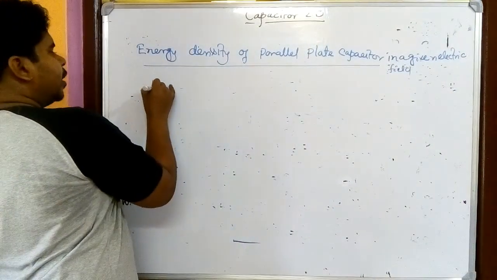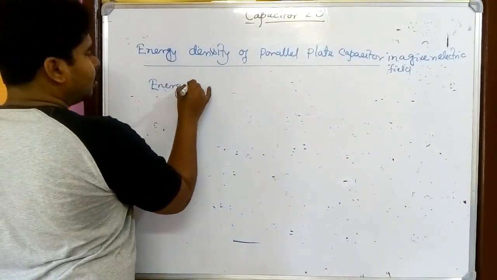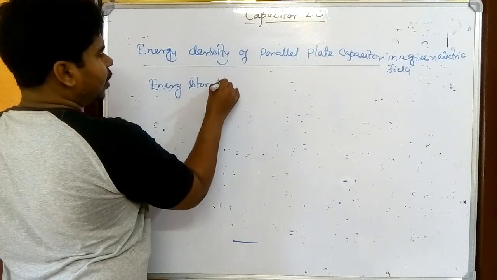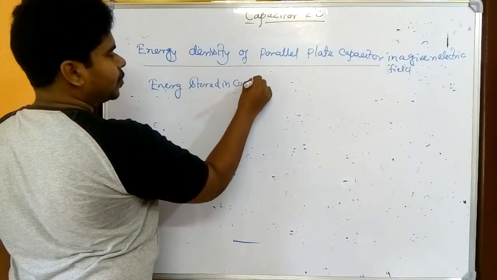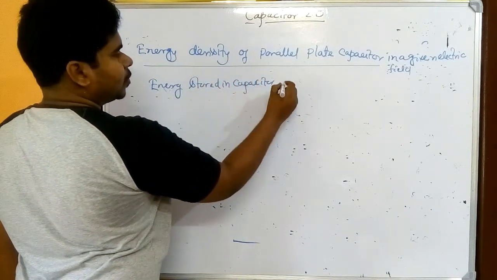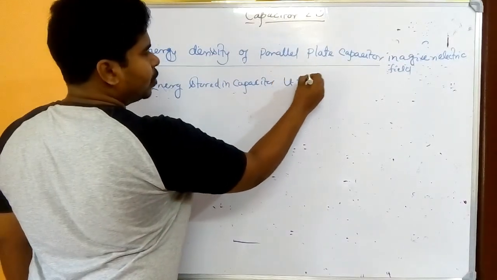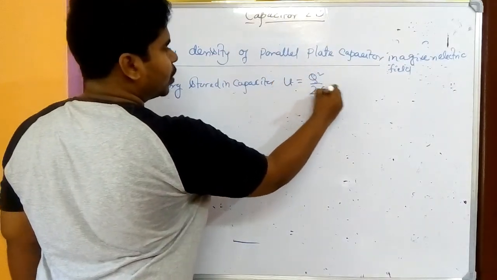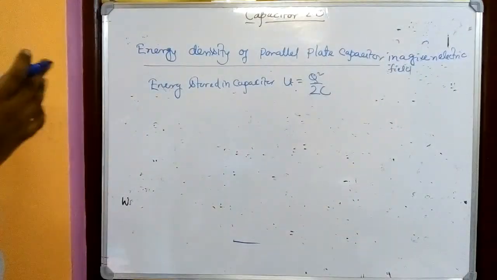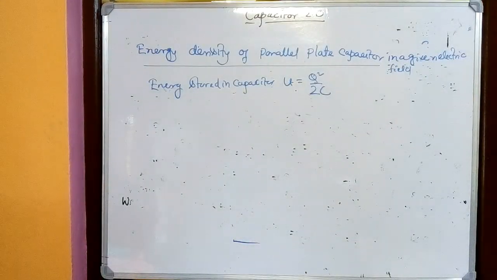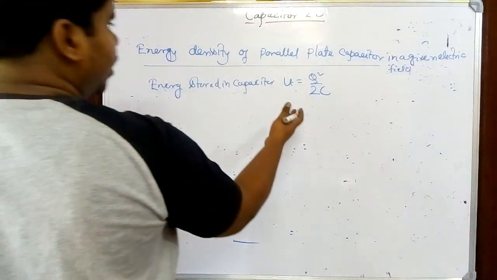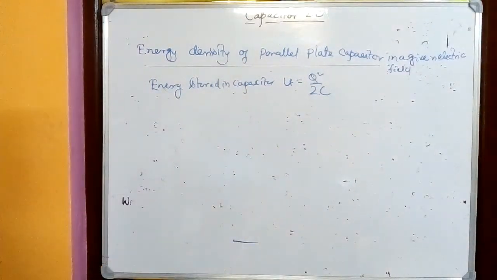So the energy stored in a capacitor, U equals Q square by 2C. Why am I writing U? Because here we have taken the electric field, which is denoted by E, and energy is also E, so they may get mixed. That's why I have taken U here.